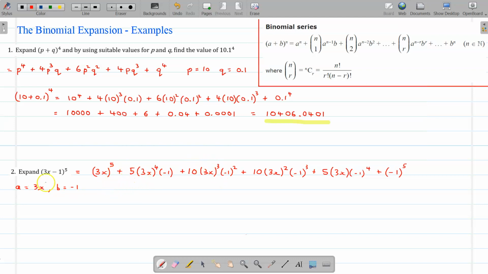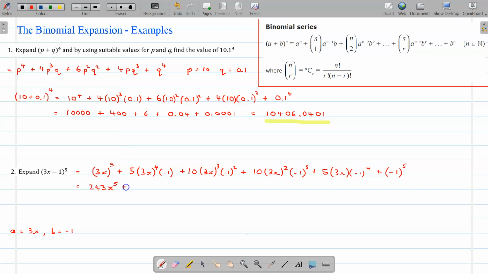If we take that to the next line, I'll just move these down here out of the way. Now 3 to the power 5 is 243, so I'm going to have 243x to the 5.